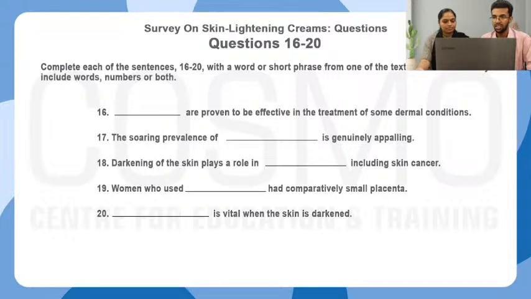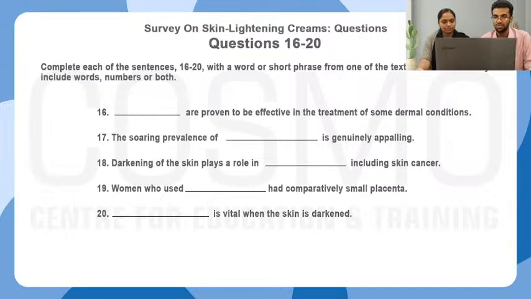Yes, soaring prevalence is one keyword. Yes, that is correct. And what's the other keyword? There are two keywords here, soaring prevalence and genuinely appalling. Okay, the next keyword is genuinely appalling.